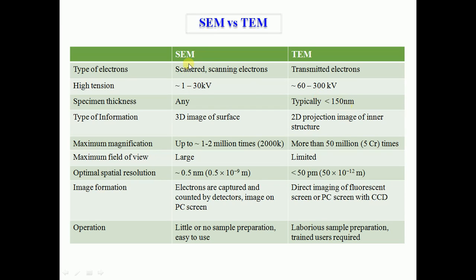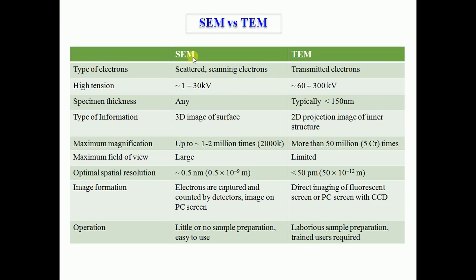With the scanning electron microscope, where linear scanning and raster scanning is used, formation of 3D image of the surface is possible. But in case of TEM, as the electrons transmit through the matter, wherever there is something in their path, there would be no electron. If there is nothing in the path, the electrons would be there. In this way, you get a two-dimensional projection image, so far as TEM is concerned.